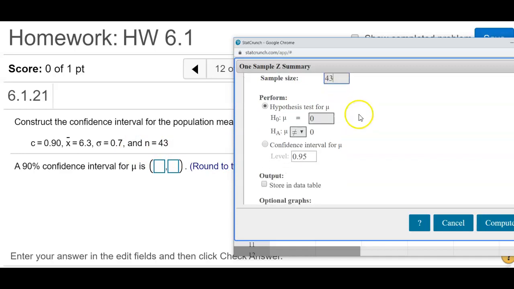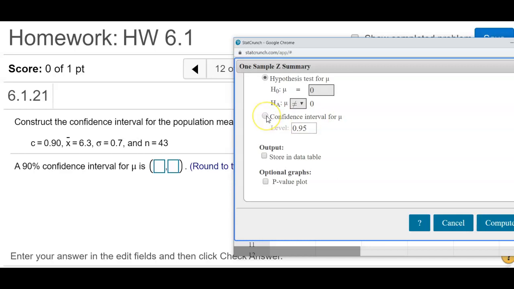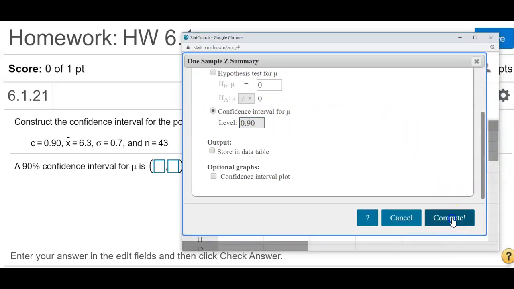You're going to scroll all the way down and make sure you check the confidence interval. What you have to make sure is that the confidence level matches. This does not match, so I have to go back and change it. So I'm going to change the confidence level to 90 and then click compute.